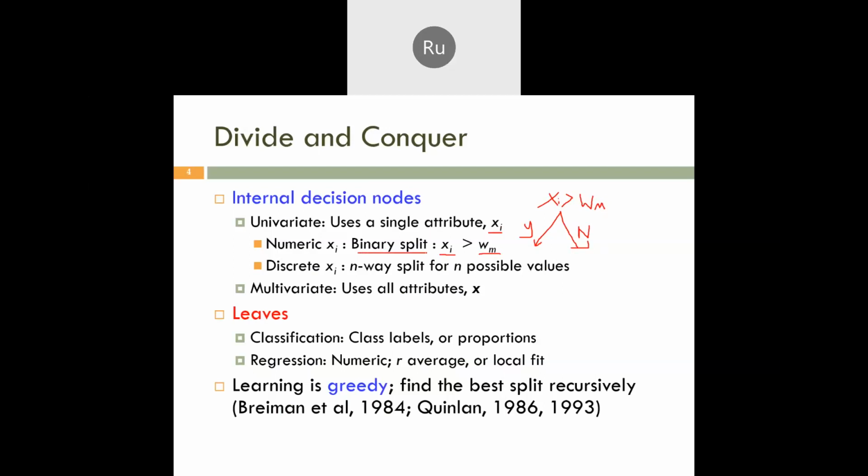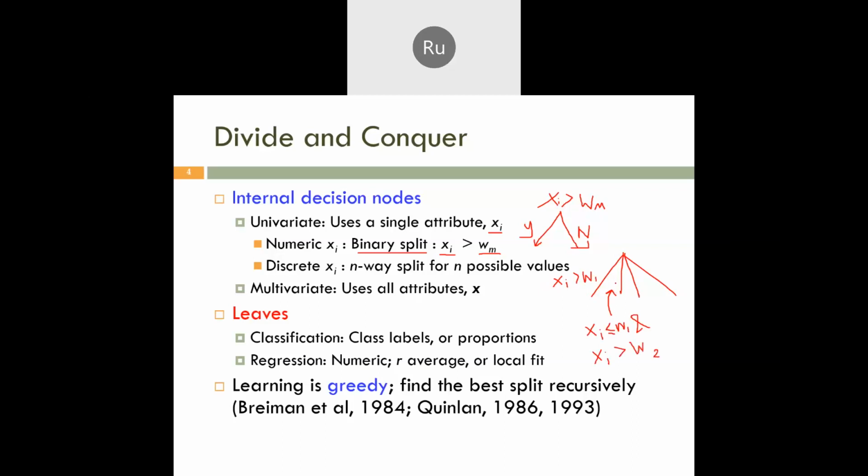But if we have n ways, we can split the data into more than two. So maybe we say this is xi is greater than a certain value, for example W1, and then over here it is xi less than or equal to W1 and xi greater than W2.